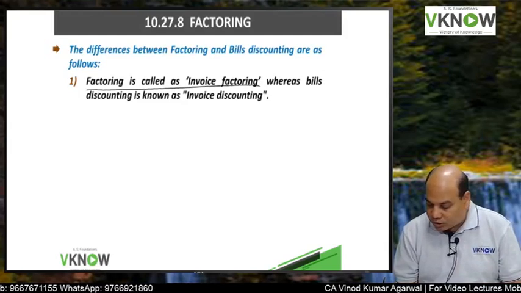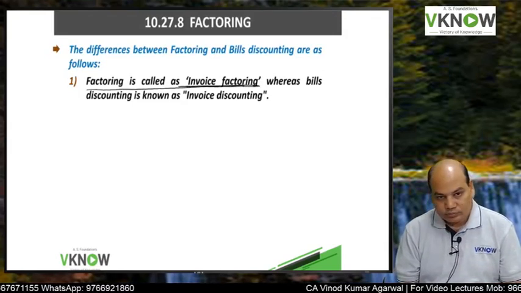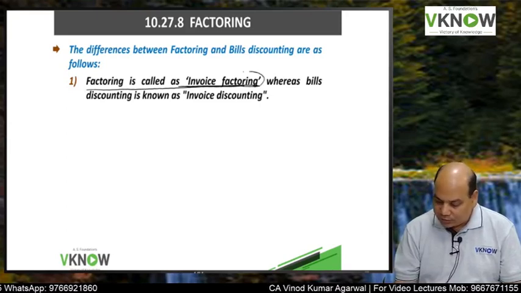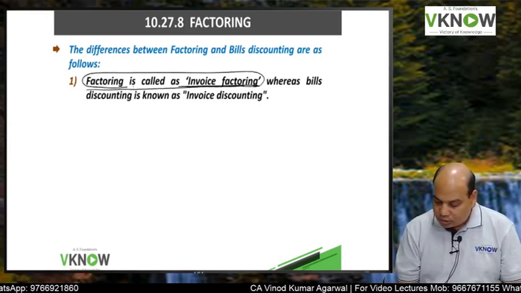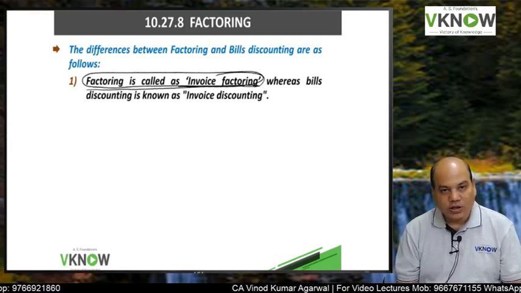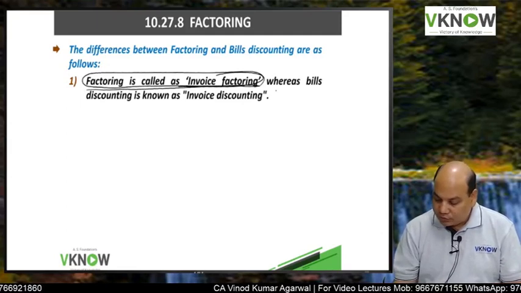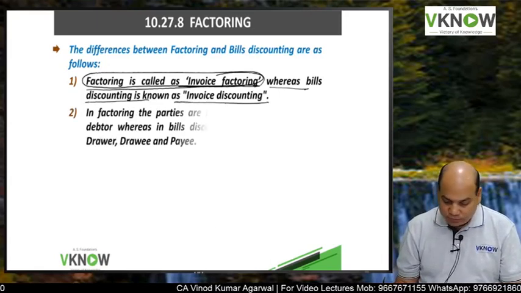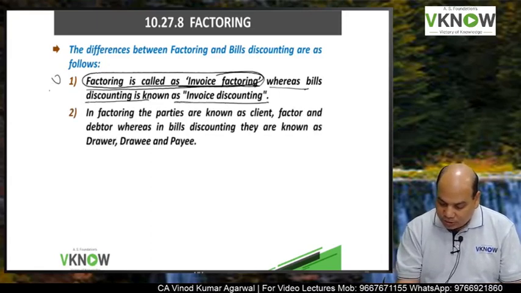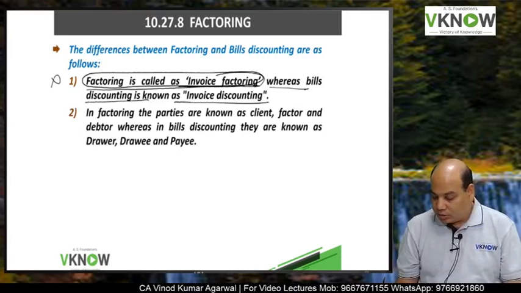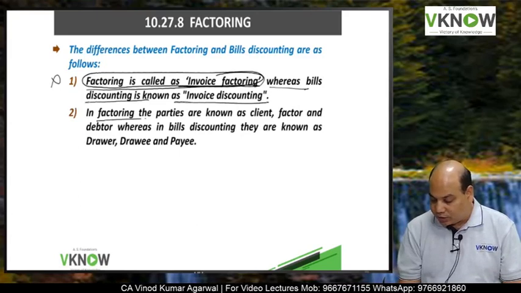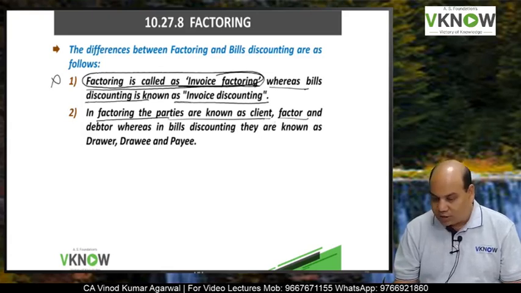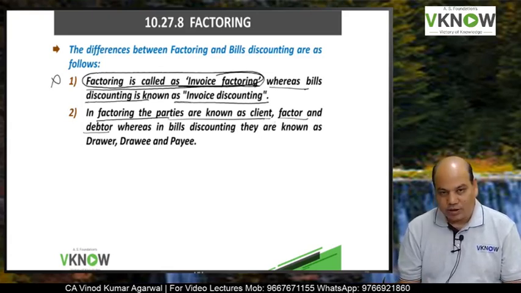Factoring is also called invoice factoring, where a factor gives you advance against the invoice, whereas bill discounting is called invoice discounting. That was not the main difference, just the name. The main difference is this: in factoring, the parties are known as client, factor and debtor.